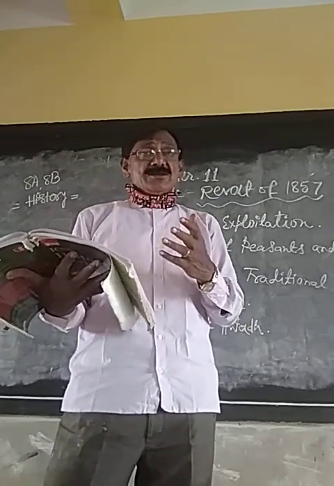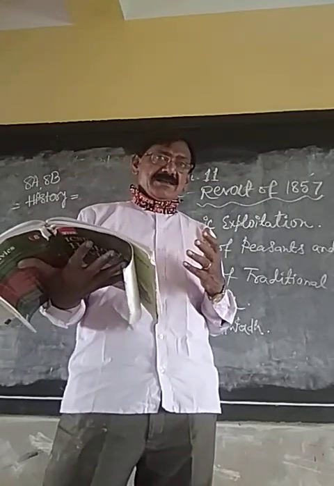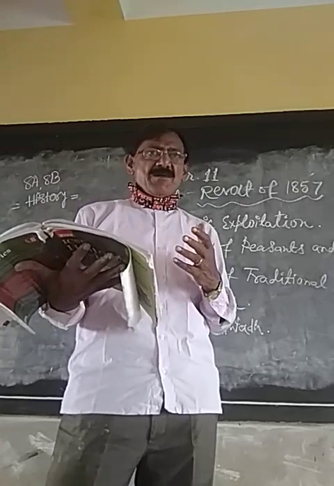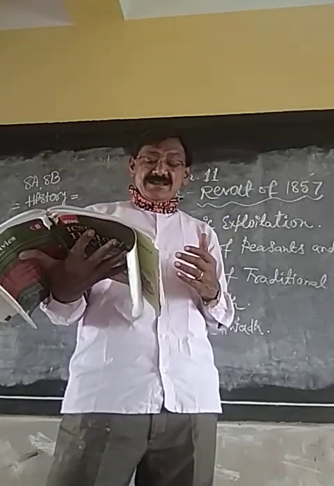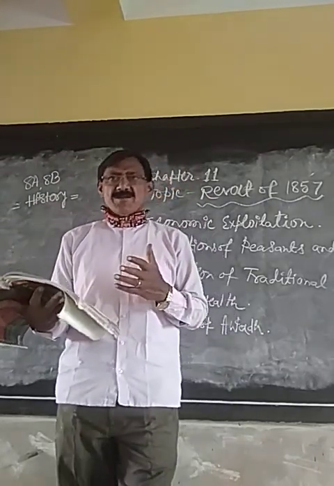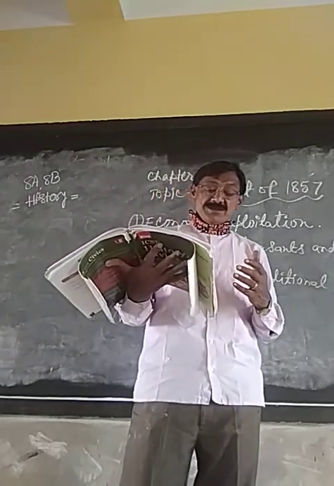Moreover, money lenders also were there. They lent money to the peasants and farmers with high interest. As a result, the peasants and farmers could not pay the high land revenues to the British.